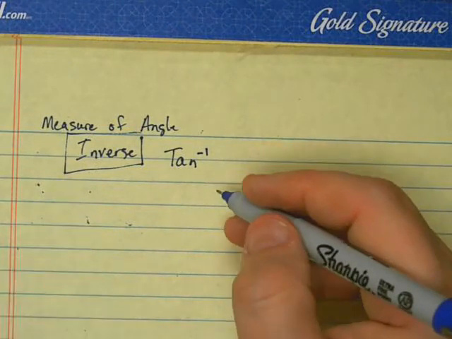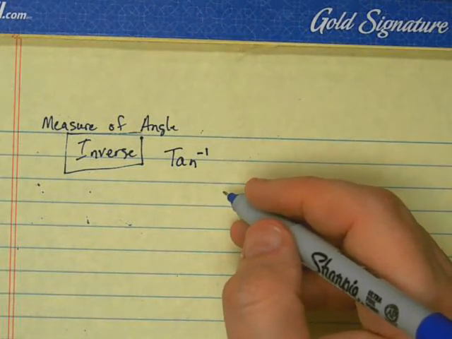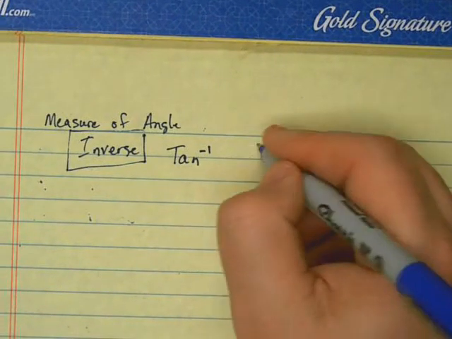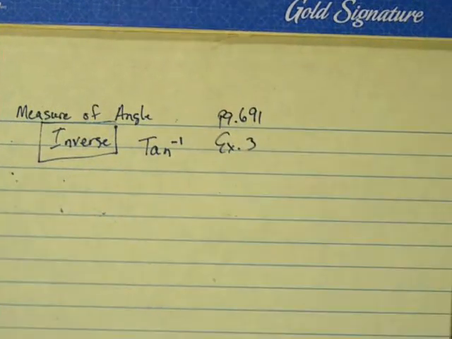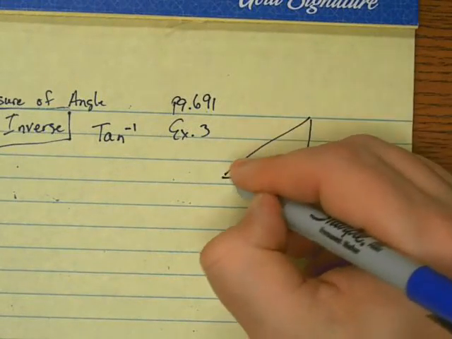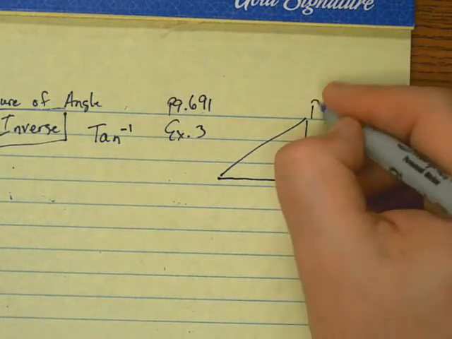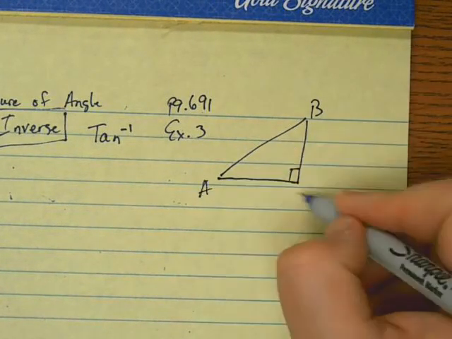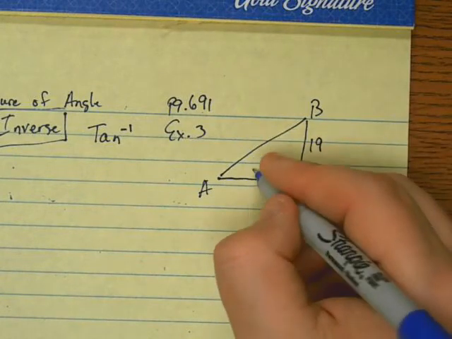Turn the page over. Example 3, page 691. Okay, so we have B, we have A, we have C, we have 19, we have 36.